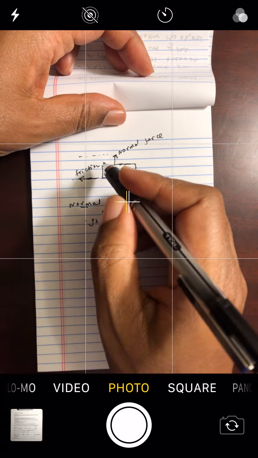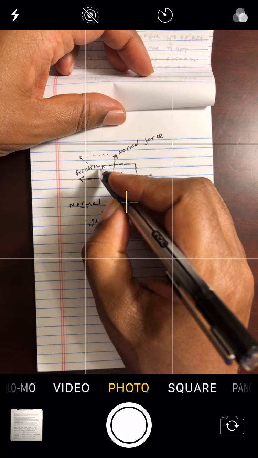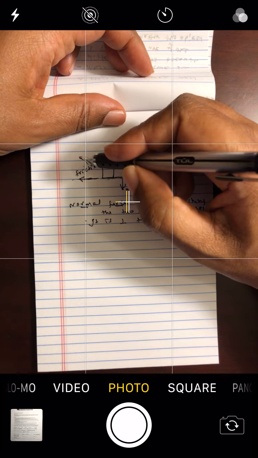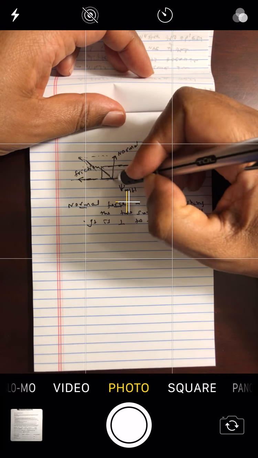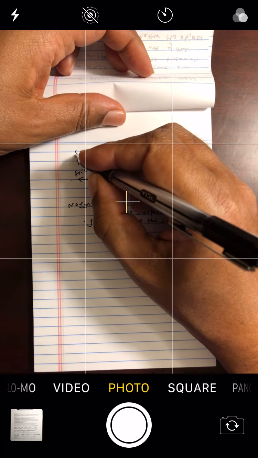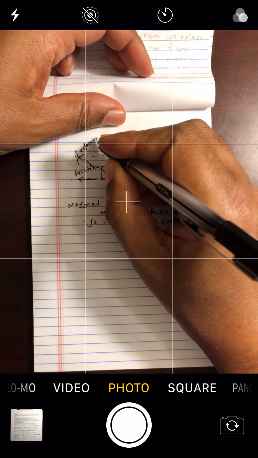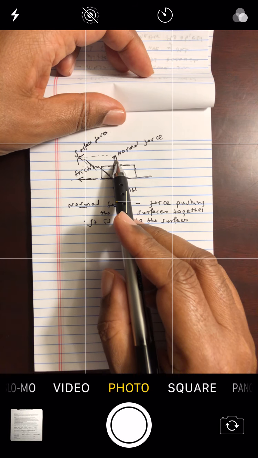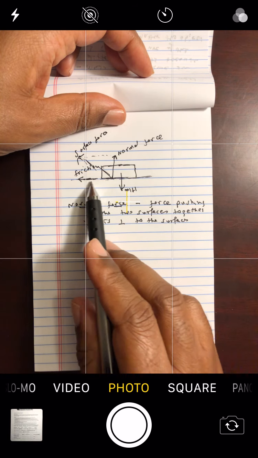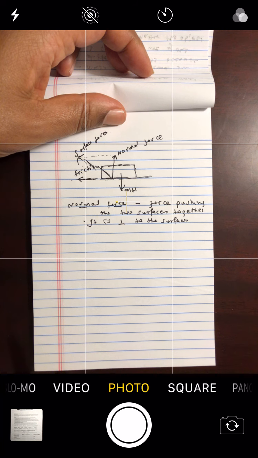You add these two forces together. This is the surface force. So it has two components. Its vertical component is called normal force, and its horizontal component is called the force of friction.